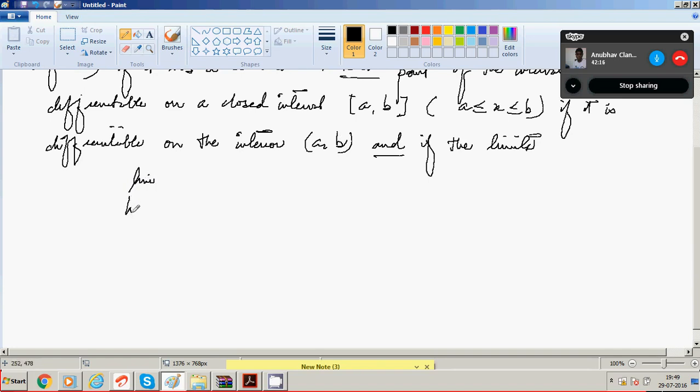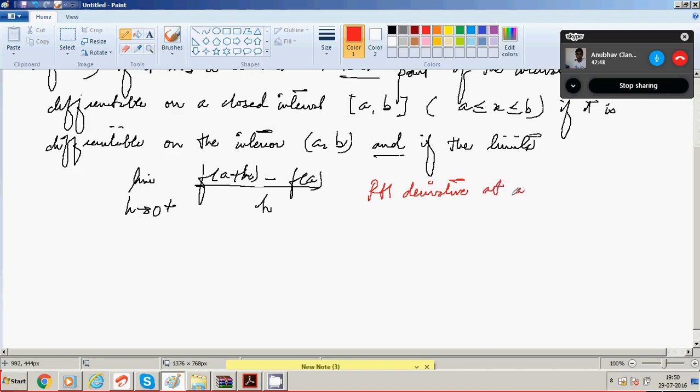limit h tending to 0 plus of f of a plus h minus f of a over h. So this is the right hand derivative at a. That means h approaches a from the right hand side, from greater than a. That is right hand derivative.